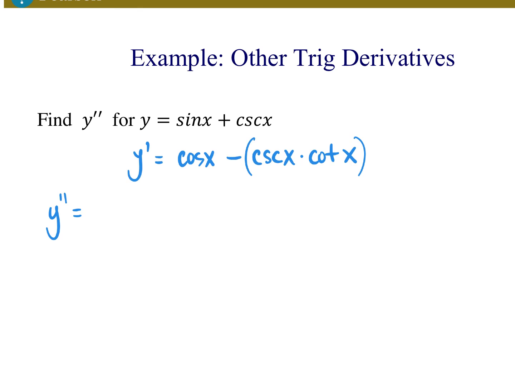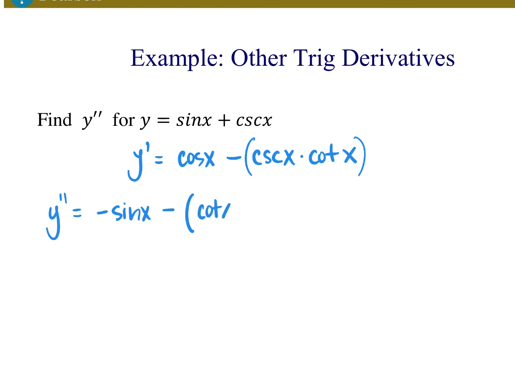Okay, the second derivative, looking at the cosine, I can just go negative sine, and then minus. Okay, now to find the next derivative, I'm going to need the product rule within it. So what do I start with?